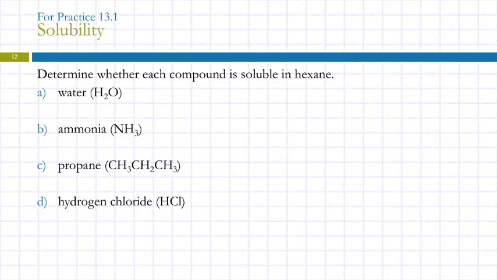So we should be able to answer questions like this, and this comes down to like dissolves like. What we're looking for is what kind of intermolecular forces these have. Are these things polar or nonpolar? Determine whether each compound is soluble in hexane. So what is hexane? It's nonpolar.